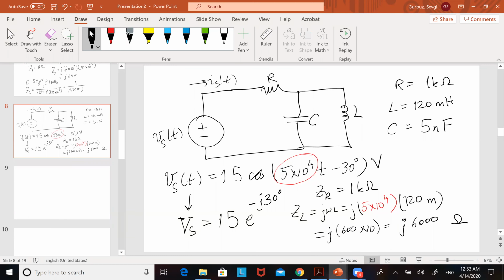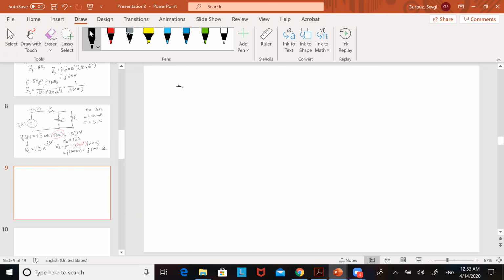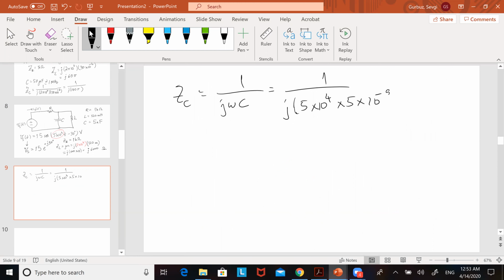Now let's go through and calculate what the impedance of the capacitor would be. So our ZC is going to be 1 over j omega C. So 1 over j times the frequency, which again was 5 times 10 to the 4, times the value of the capacitance, which was 5 times 10 to the minus 9. Let's go through the math now.